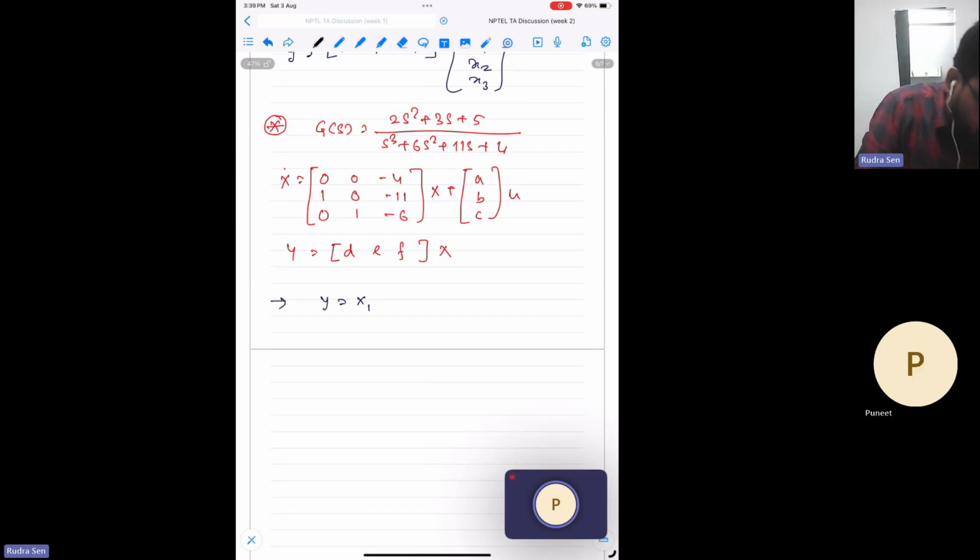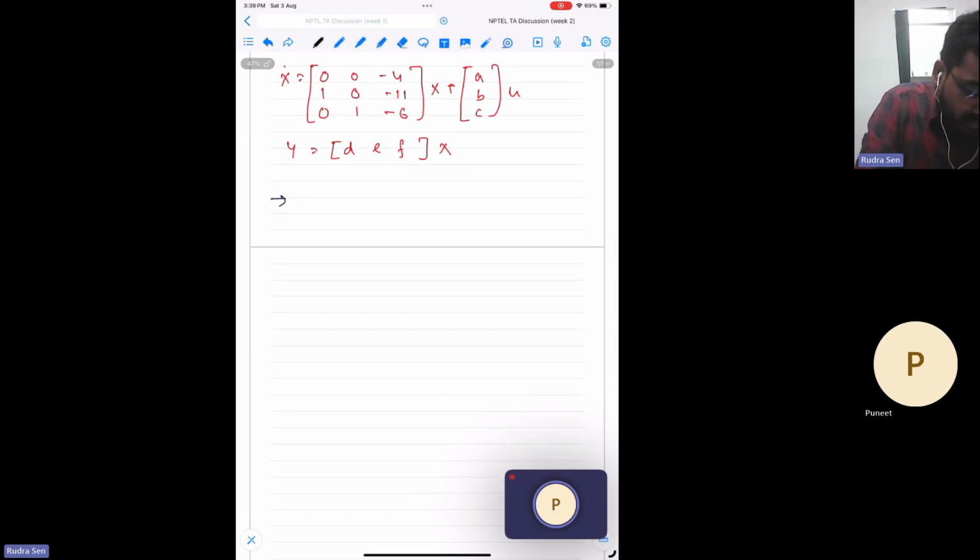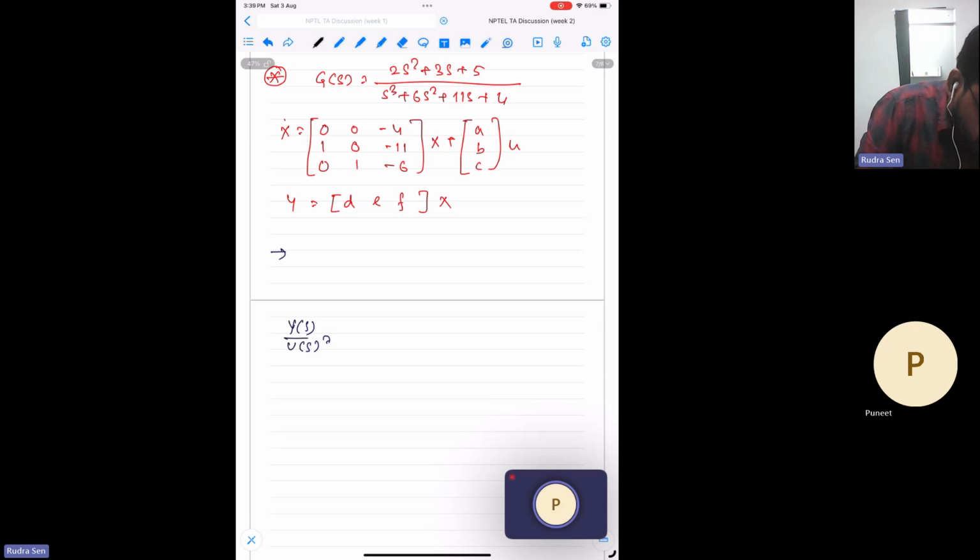So how the observer form is found: Y(s) by U(s) equals (2s square plus 3s plus 5) over (s cube plus 6s square plus 11s plus 4).